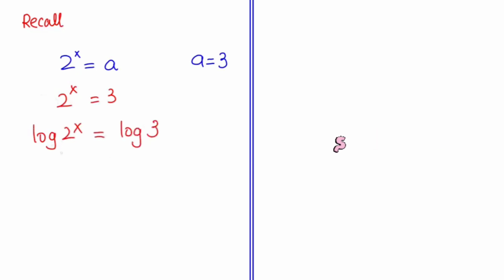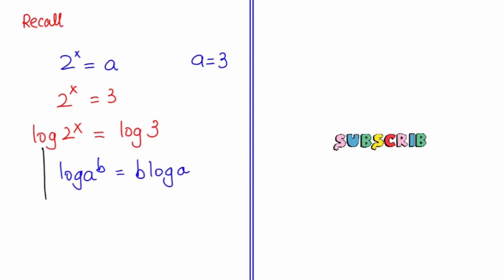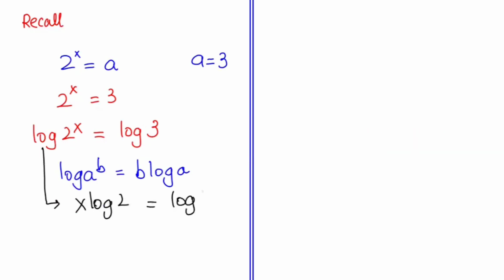Now I'm going to apply the logarithm rule here. Log of a to the power of b can be written as b log of a. So this will turn to x log of 2 equals log of 3.